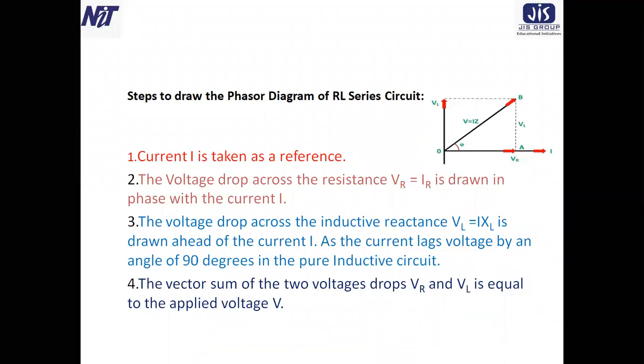There is no phase angle for a resistive circuit. So in the first part, we are considering a resistive circuit, and the voltage drop across the resistor VR equals IR is drawn in phase with the current I.